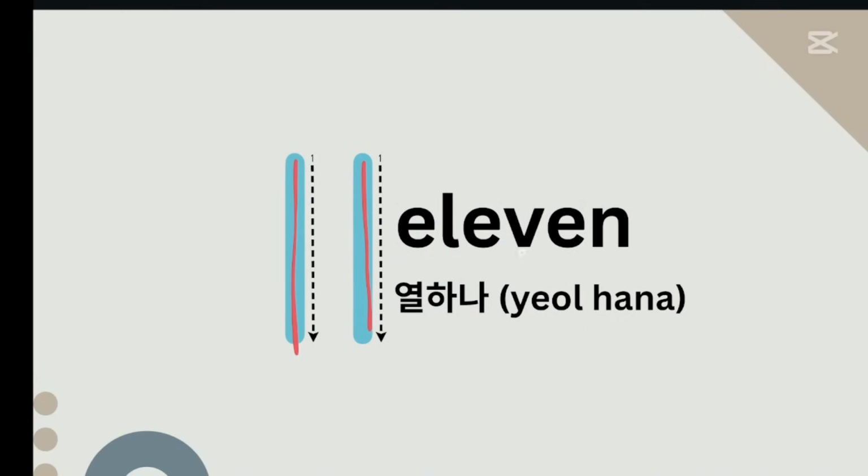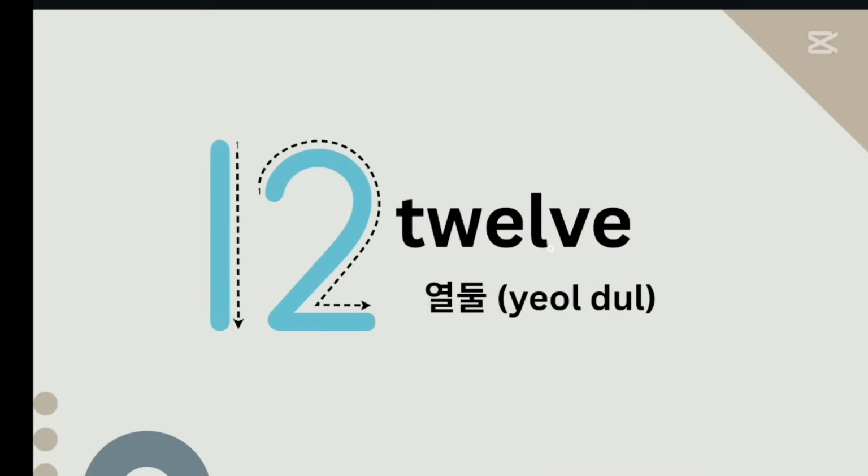So next number is 12. So how do we write the number word 12? It's T, W, E, L, V, E. 12.